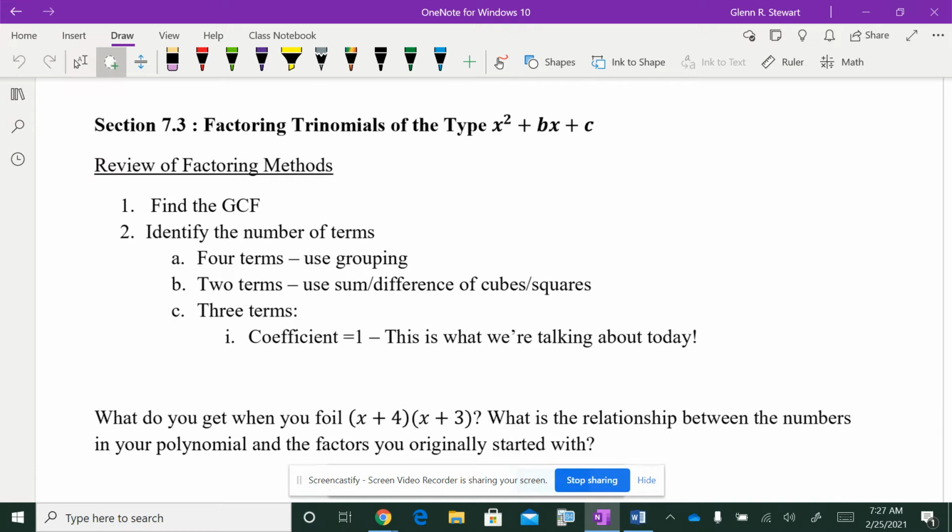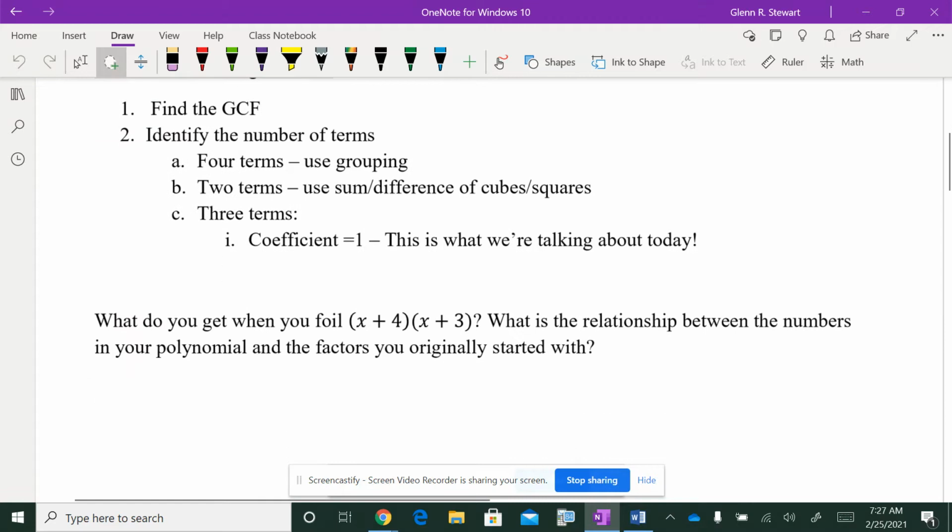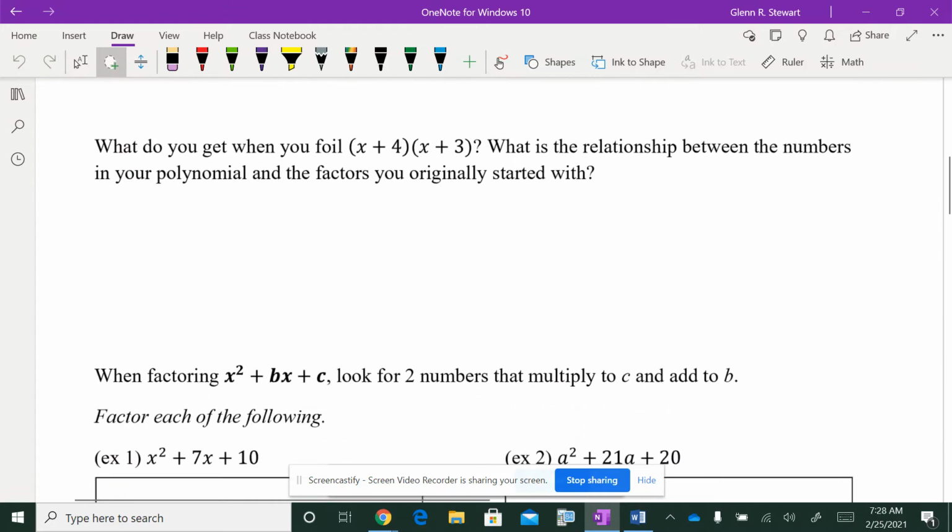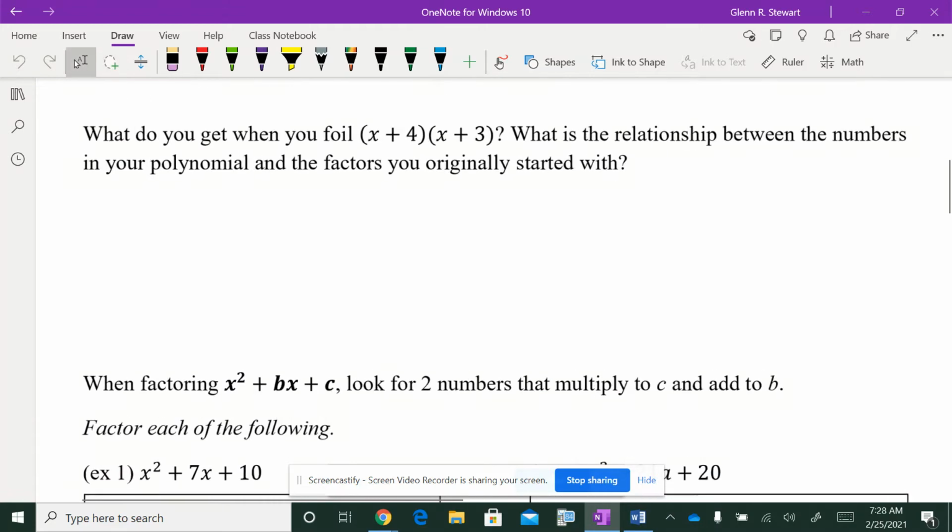Okay, that's it. So here's a question for you, and I'll give you a second to try it. What do you get when you FOIL x plus 4 times x plus 3? Try it now real quick in your notes. I know that you guys know how to do the FOIL method.